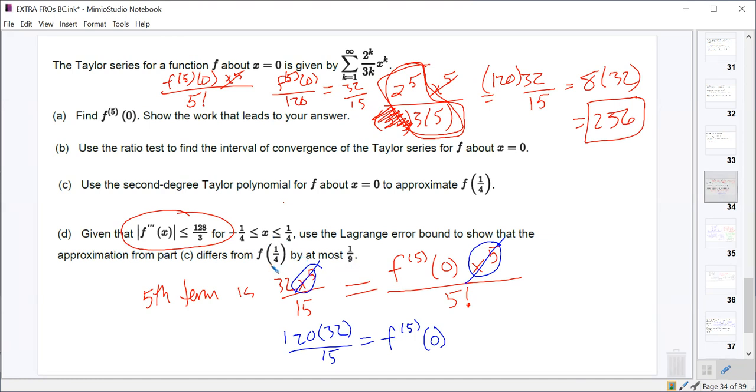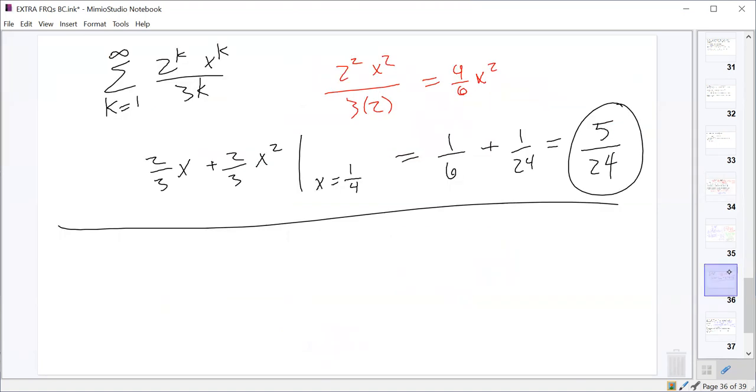So the Lagrange error bound, remember, says that the error is less than or equal to the third, well, not the third, but in this case, the third, the next derivative at some value c between x and a. In our case, a is 0 for us, and x is 1/4.